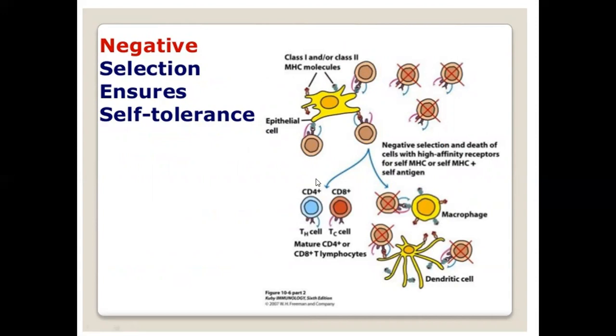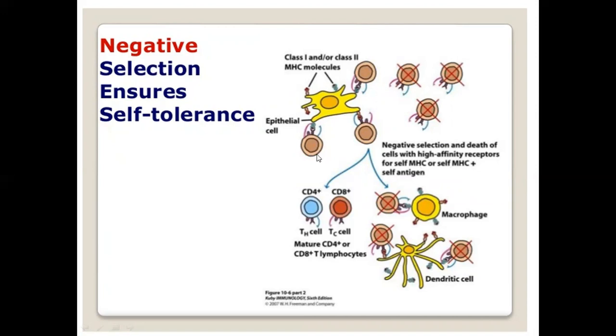Low affinity cells will mature into CD4 and CD8 lymphocytes, and those cells which have high affinity receptors for the self-MHC molecules, or for the self-MHC plus the self-antigen, interact with the macrophages and the dendritic cells and undergo death by apoptosis.